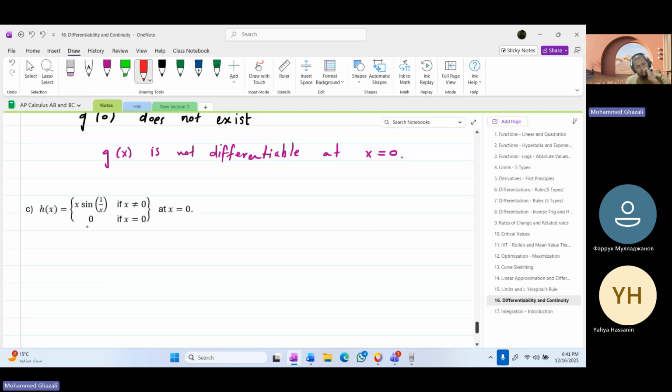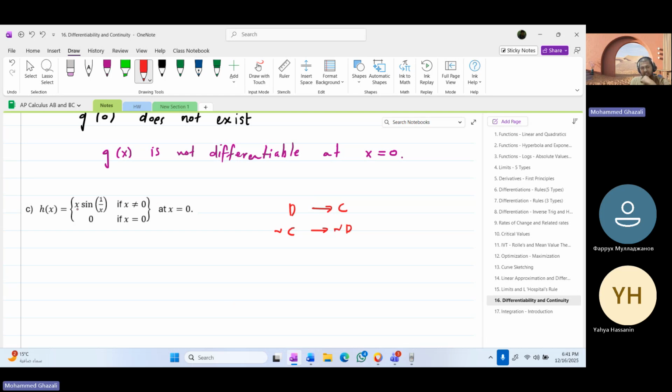Let's check if it is continuous first. Check for continuity. Because remember, if it's not continuous, then it's not differentiable. Differentiability implies continuity, and not continuity implies not differentiability.